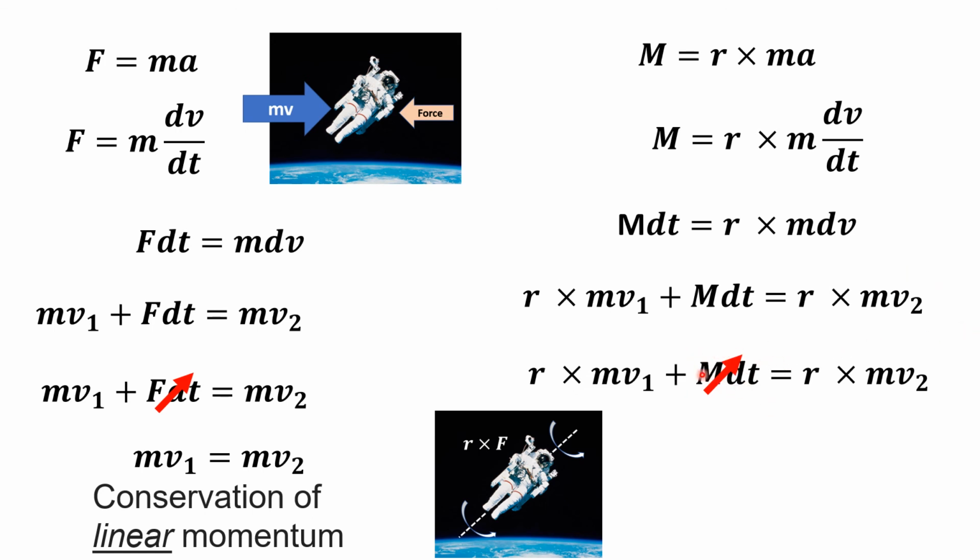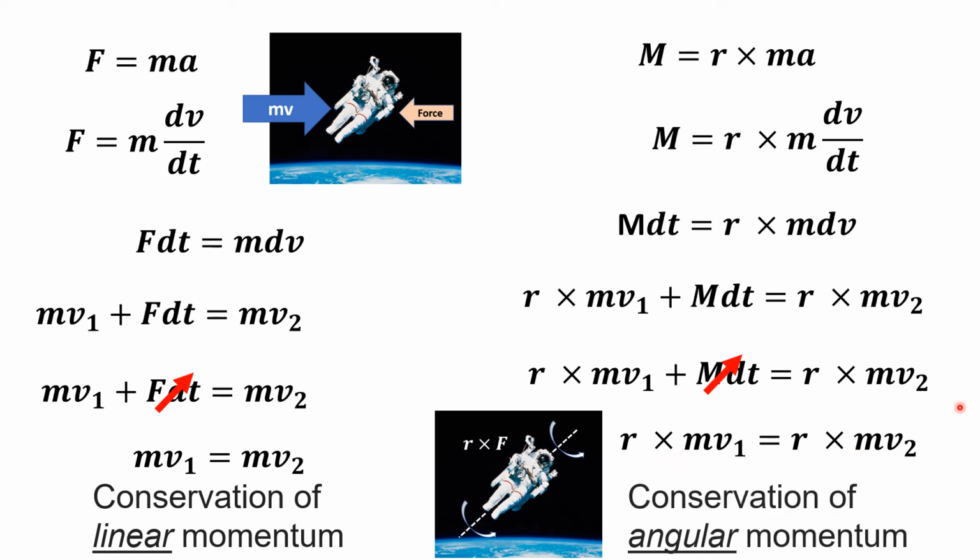And if there's no external moment applied, our initial R cross MV is going to be the same as our final R cross MV, and we call that conservation of angular momentum. So our momentum is MV, and angular momentum is R cross MV. This is a rotational piece of it. And that's going to be conserved if we don't have any external forces changing the thing around.